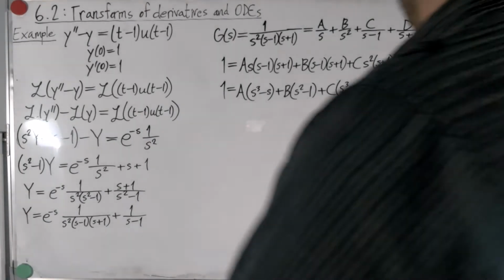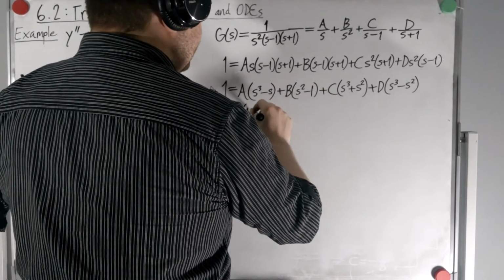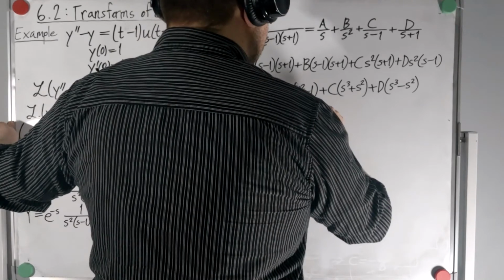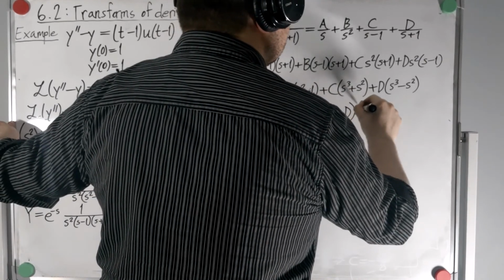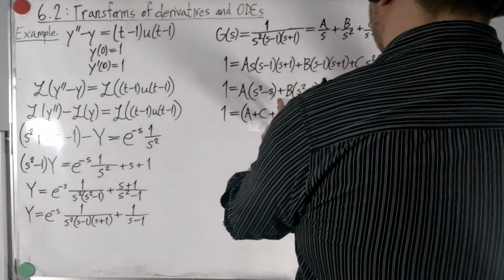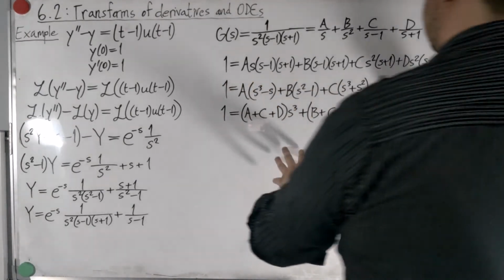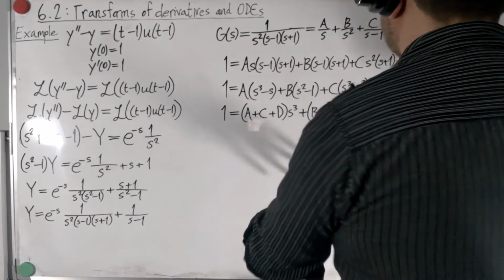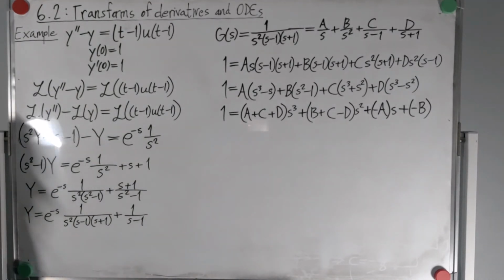Okay, then we combine like terms in powers of s. We have 1 equals (A plus C plus D) times s cubed, plus (B plus C minus D) times s squared, plus negative A times s, minus B. From here, the coefficients on the left are equal to the coefficients on the right.